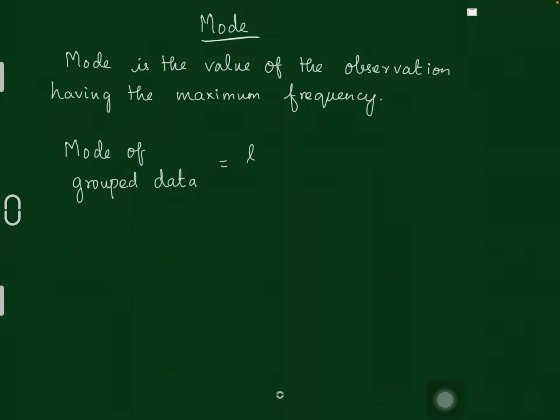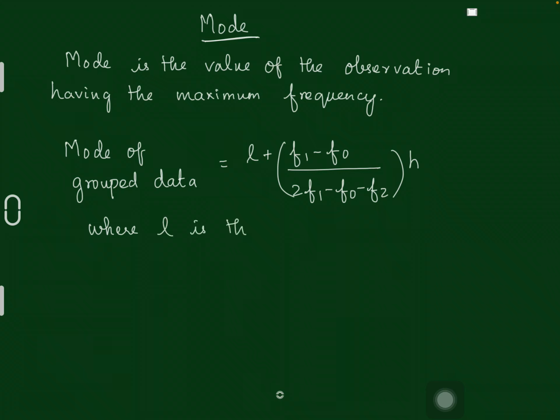The formula is L plus F1 minus F0 by 2F1 minus F0 minus F2 into H, where L is the lower limit of the modal class. While doing the problem, I will teach you how to find the modal class.